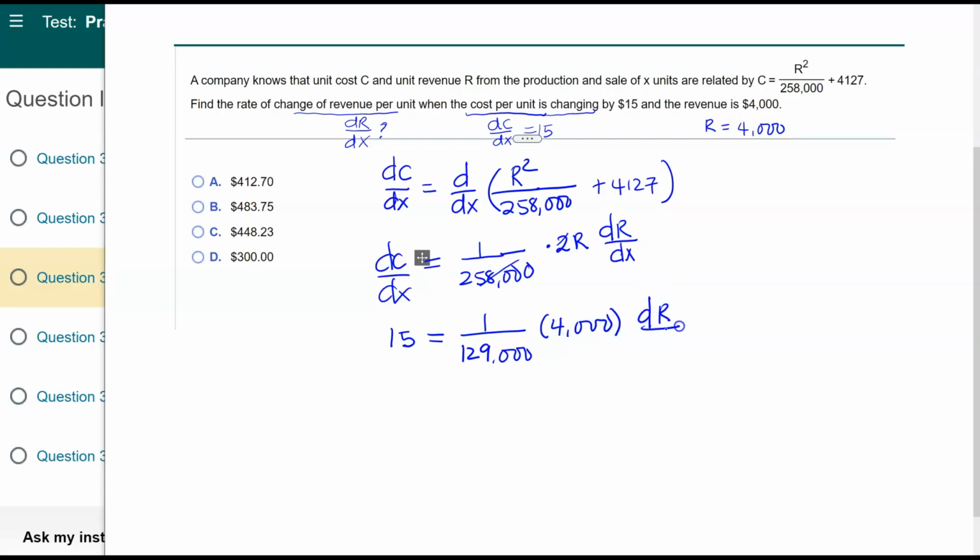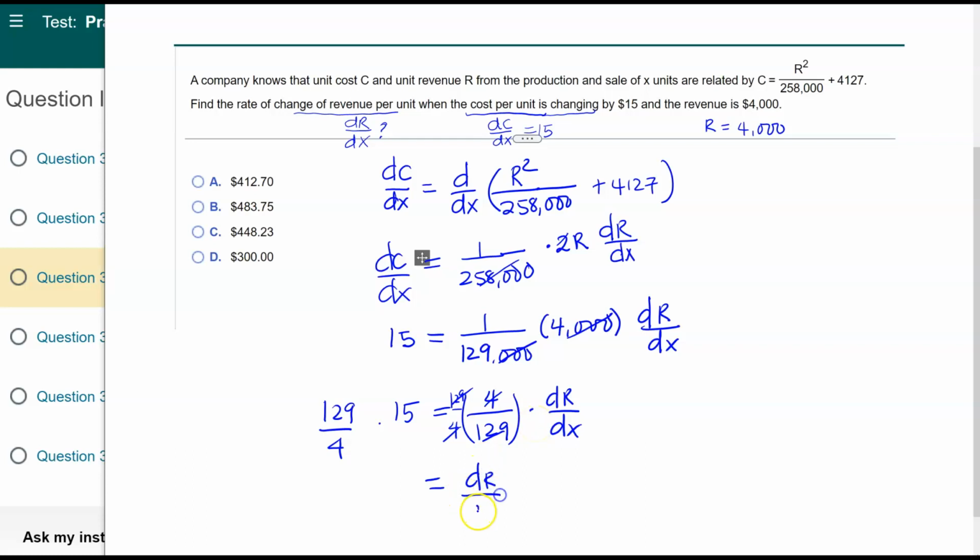We are computing for dR/dx. So that cancels. And then we simplify this. We have 15 is equal to 4 over 129 dR/dx. We will multiply both sides by 129 over 4. This is 129 over 4. Cancel. Then that is your dR/dx.